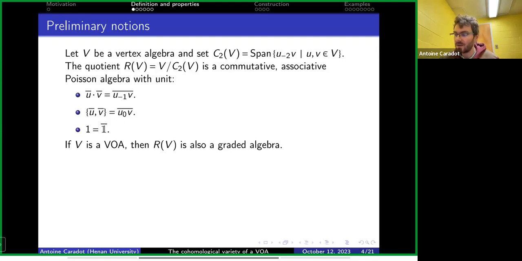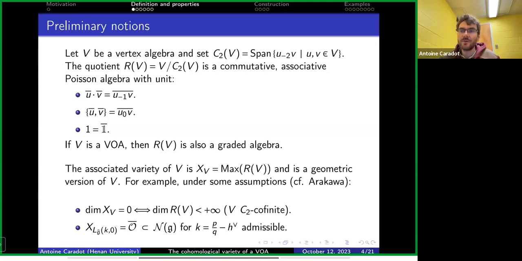So the product is given by the -1 mode. The Poisson structure is given by the 0 mode, and the unit is just the image of the vacuum vector. And furthermore, if V is a vertex operator algebra, so you have a gradation given by the conformal vector, this gradation is transferred to the C2 algebra, and then you get a graded Poisson algebra.